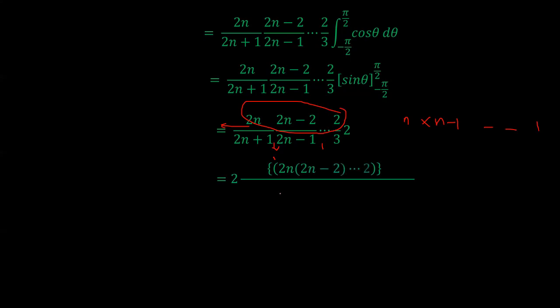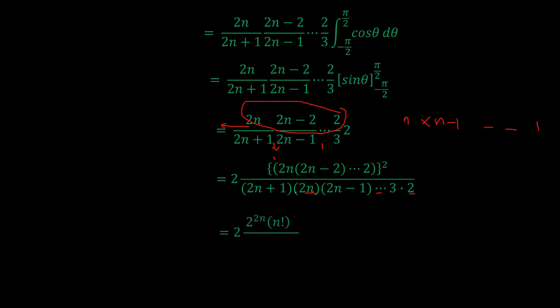So essentially, 2n plus 1, see, we have this, we have another here, and obviously 2 at the end here. So this becomes 2n plus 1 factorial.